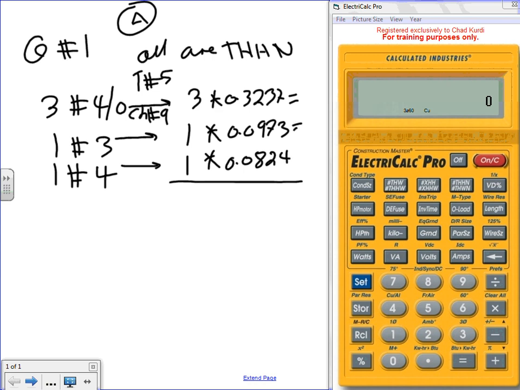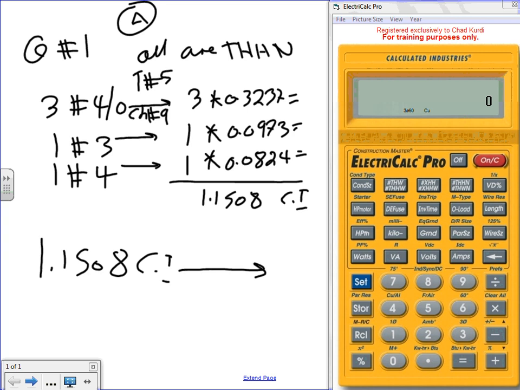If you do the math on all of these and add them up, you end up with 1.1508 square inch.